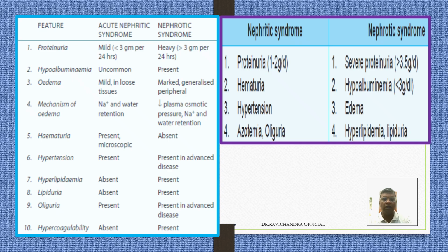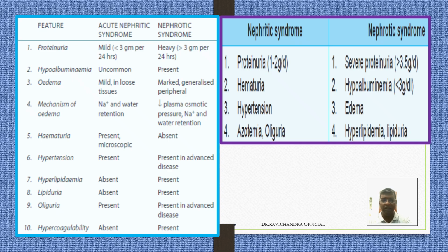So you can write all the six features of nephrotic syndrome, and how they are present in nephritic syndrome. Proteinuria, mild and non-selective in nephritic syndrome. Massive and severe selective proteinuria in nephrotic syndrome. Edema, as I said, is present in both, mild and marked.